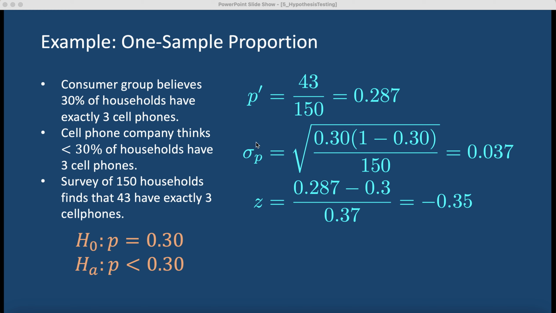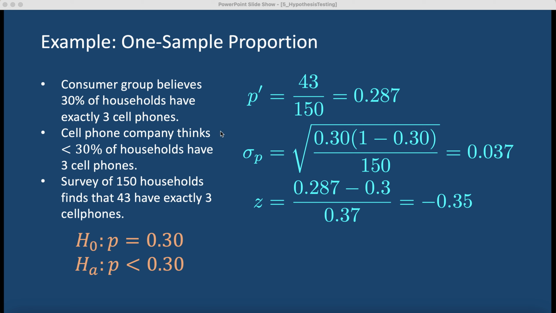So we find, just like we did in the previous example with a sample mean, we find the standard error. We calculate, in that case it was the t-score, but here we're going to calculate the z-score, and then we'll find the p-value associated with that. So for the standard error of a proportion, we use this square root formula: the square root of the proportion times 1 minus the proportion.